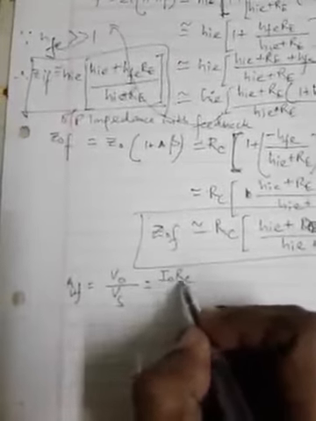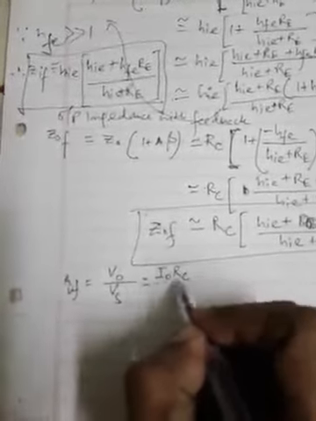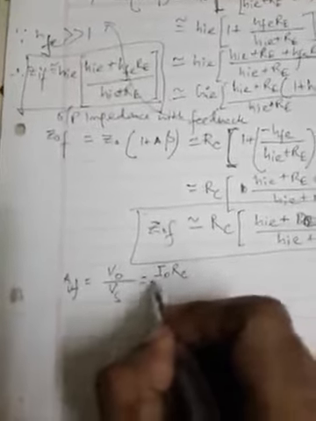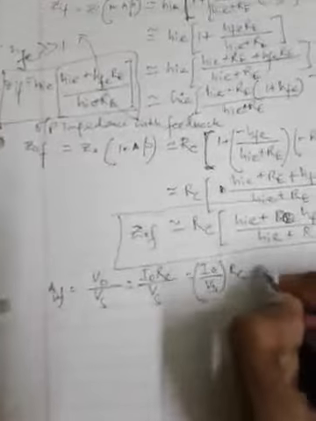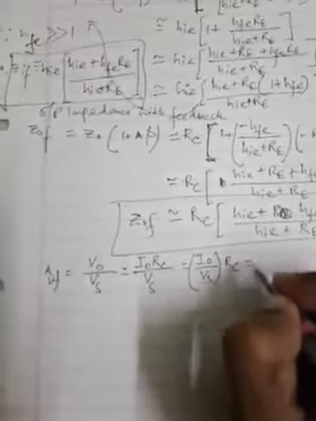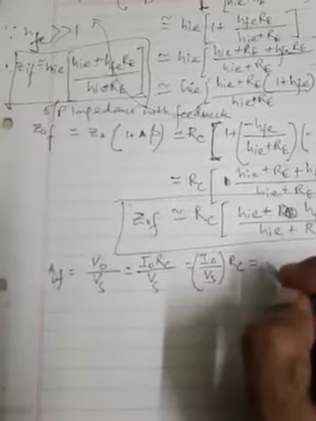That at the output side you can find that RC is the impedance and IO is the current through it, and RC is not impedance, actually resistance, that is VO divided by VS, and that is IO by VS taken inside a parenthesis into RC, and that is equal to this IO by VS, as we have already found earlier, that it was here we have found IO by VS.